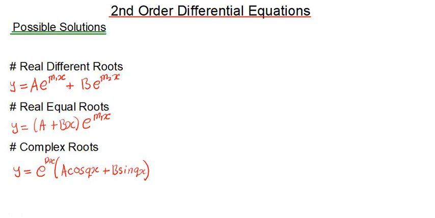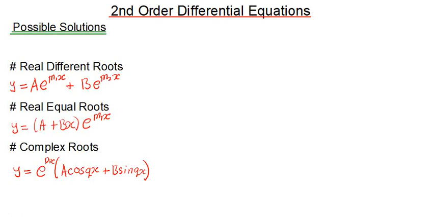We also understood the possible solutions that we can have, of course using the values of m1 and m2 that we get from the auxiliary equation, or you can use p and q, that is if you have complex roots. So it all depends on the values of m1 and m2 that we find.